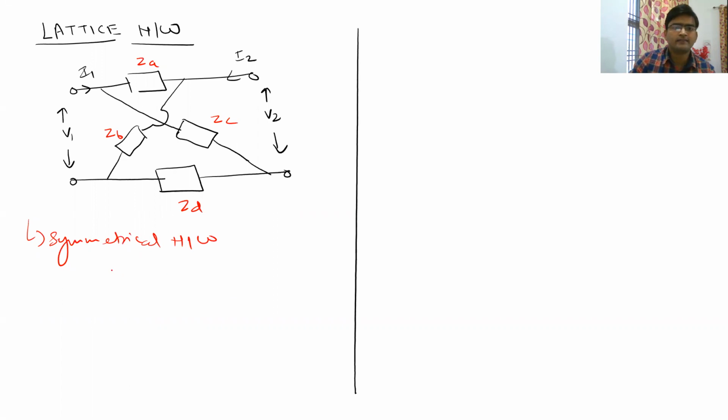So in that case, this ZA should be equal to ZD, and ZB should be equal to ZC, right?